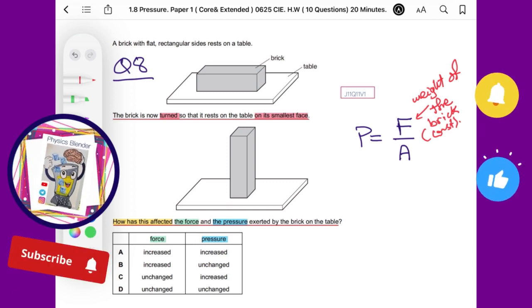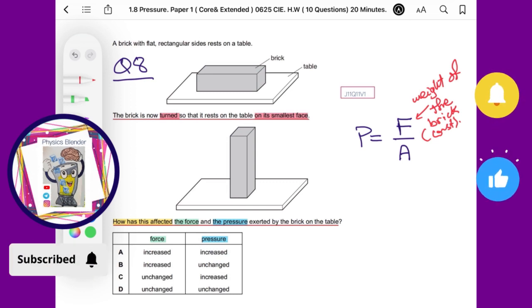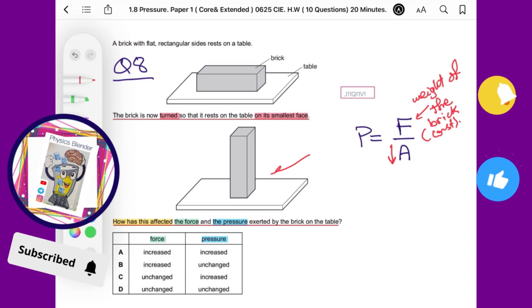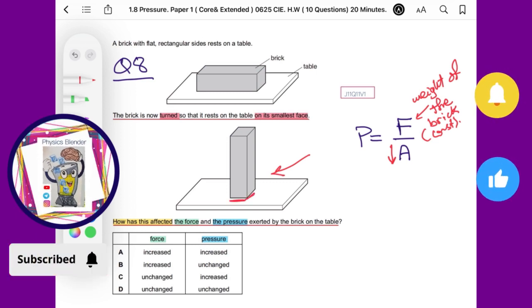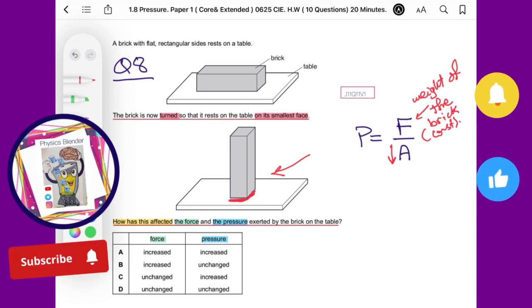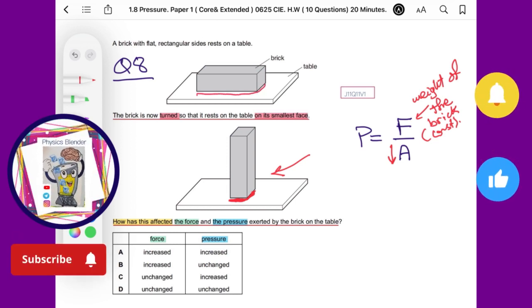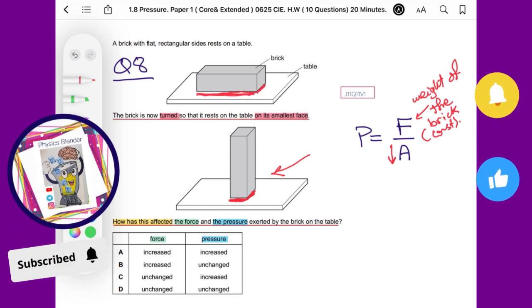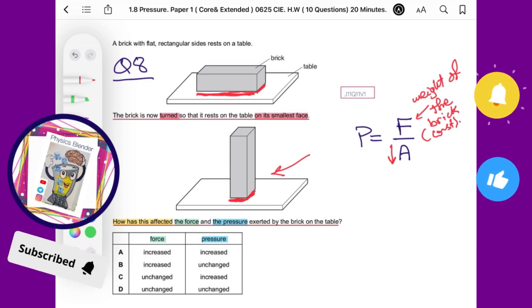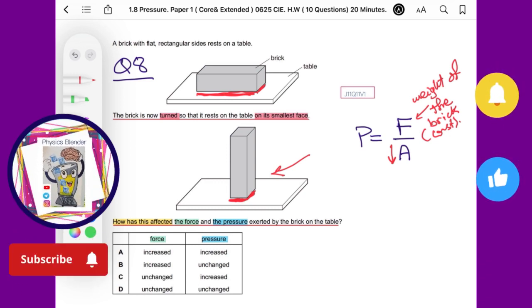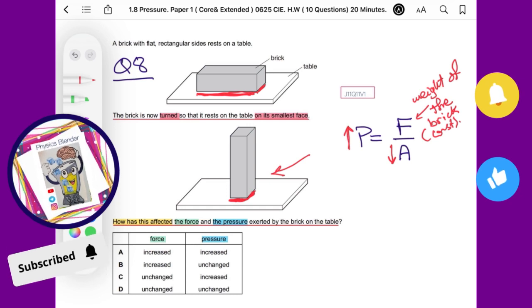What happened to the base area or the area of contact? Decreased. In this case, the base area, the area of contact, decreased if you compare it with the first case. Okay, so what will happen to the pressure? The pressure will be increased.